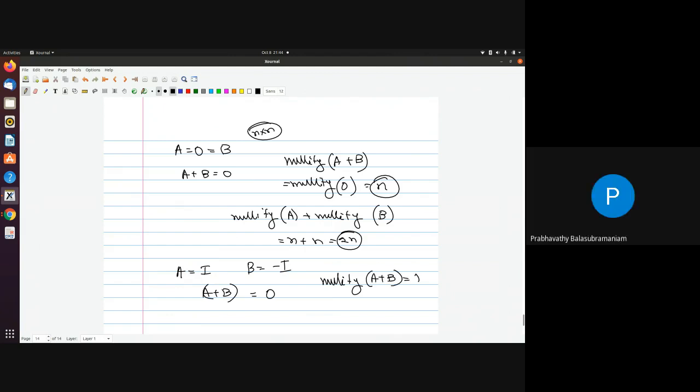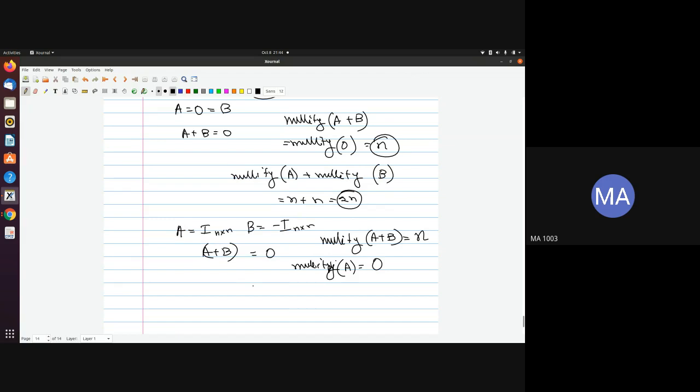N. And the nullity of A? Zero, since it is the identity matrix, so the rank is n. And the nullity of B, that is minus identity, that is also 0. So this side is 0 and this side is n, so they are not equal. Understood? So both examples will work.